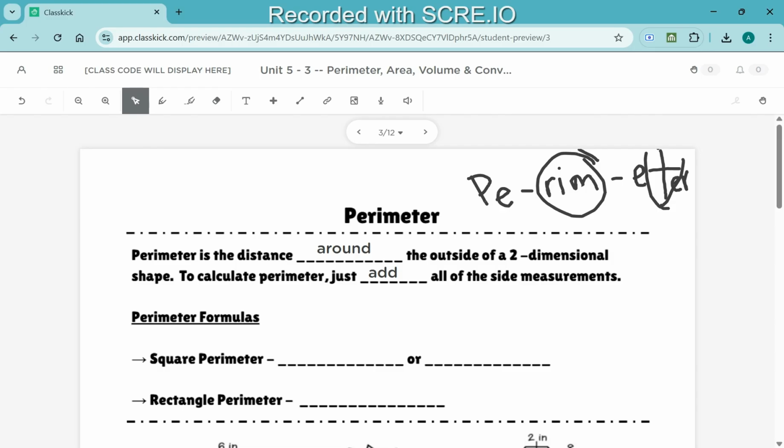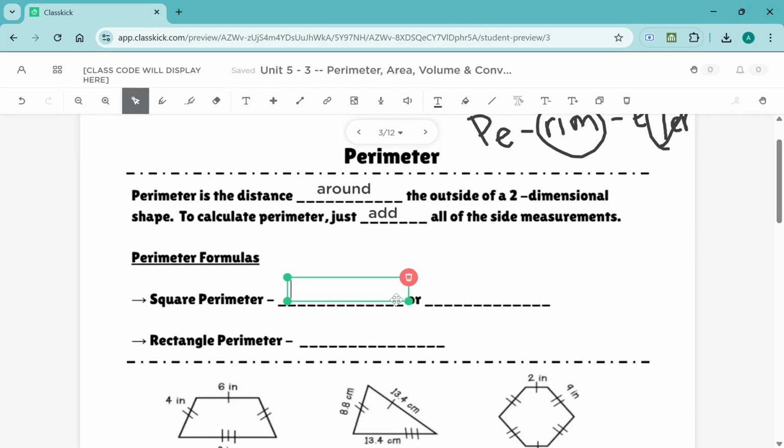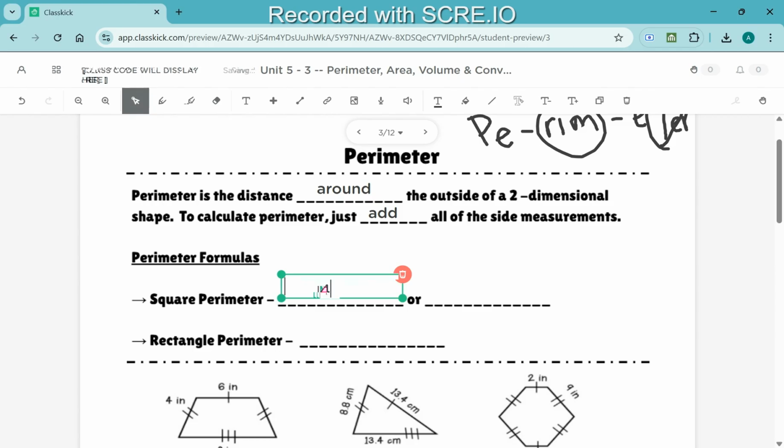Okay, now we have some things called formulas. These are just ways that tell you how to find the perimeter. So if you have a square, it'll tell you P equals 4S. I know I just told you that you can add to find the perimeter of a shape.